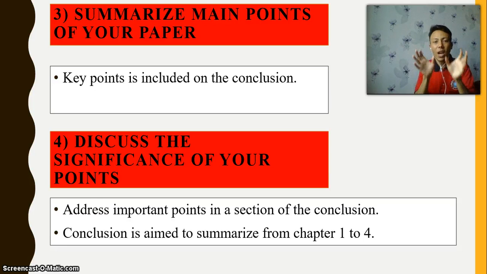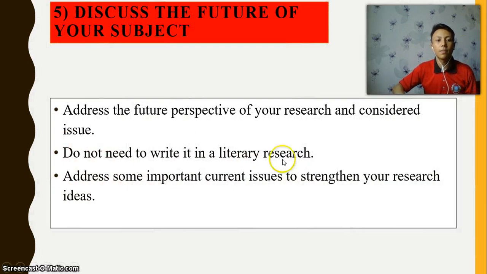Don't repeat your ideas in the exact same way as in the body. This time, you don't need to support each statement. Just provide a brief overview of the key points and make sure that you don't add any new ideas or details in the conclusion.